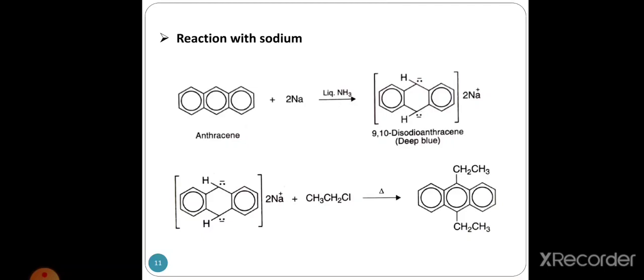Further, when the disodio derivative is heated with an alkyl halide, here ethyl chloride, it gives the corresponding 9,10 dialkyl anthracene, whereas in this case it is 9,10 diethyl anthracene.